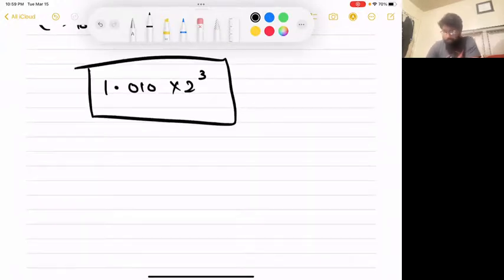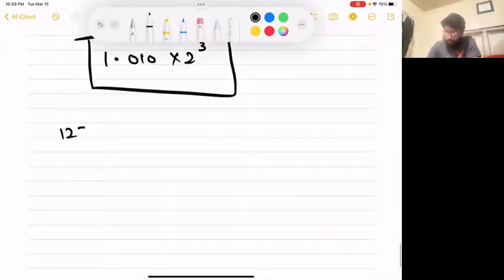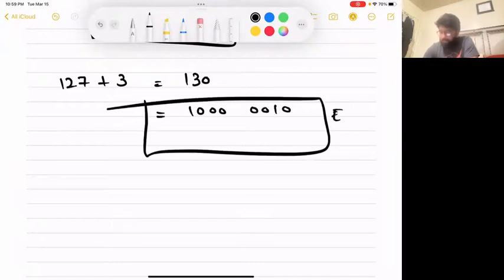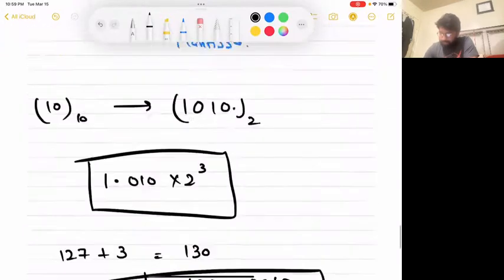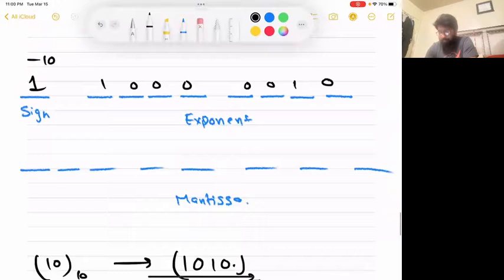Now we're going to do the thing that we have no explanation for. We're going to add 127 plus the exponent, which gives us 130, which is 10000010 in binary, and this will be our exponent bits. So we can just write that down: 10000010. That's our exponent bits. And at last, we have to find the mantissa.